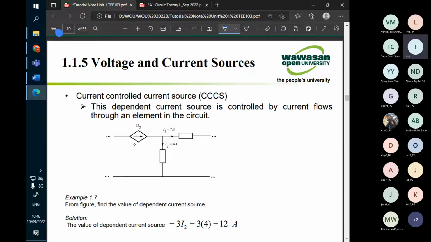This current source is controlled by a current, not this current, but a current at another branch. Okay, this branch and this branch, they are different. This one is called the current control current source.